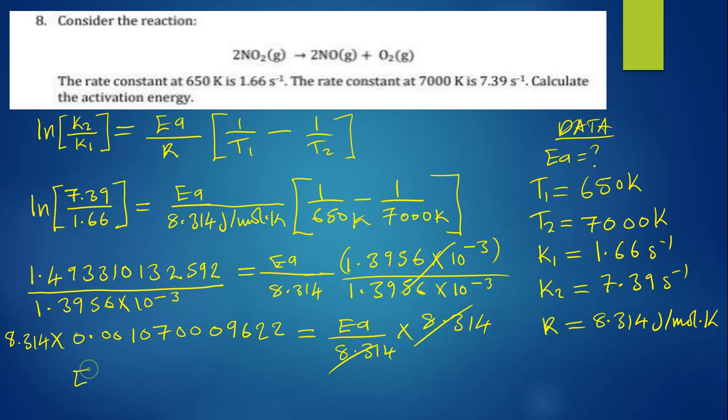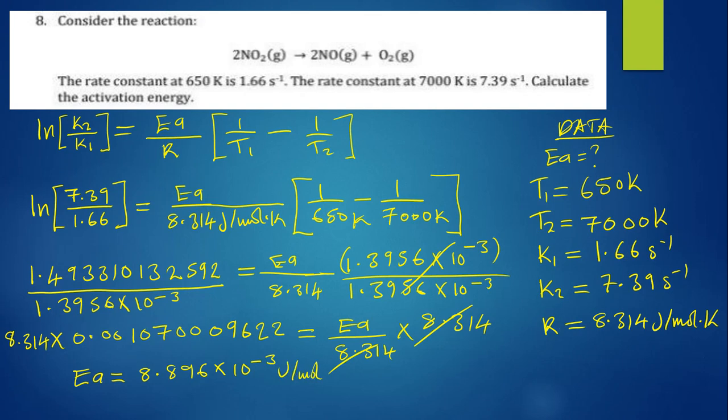So our activation energy is equal to 8.314 times 0.00107009622. After multiplying on your calculator, you get something like 8.896 times 10 to the power negative 3 joule per mole.